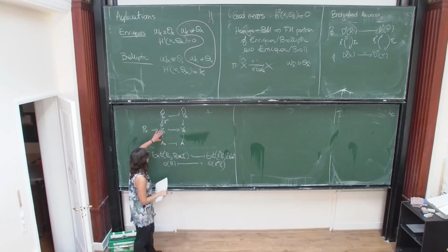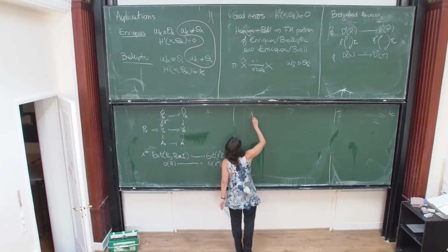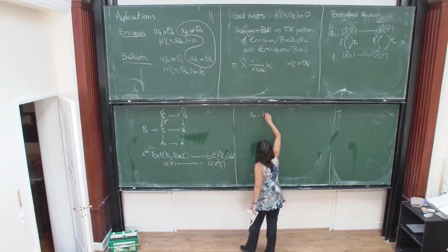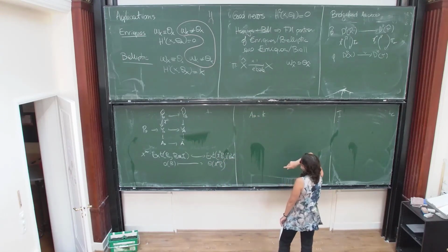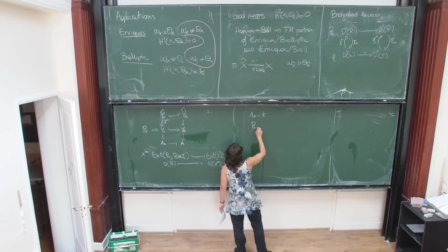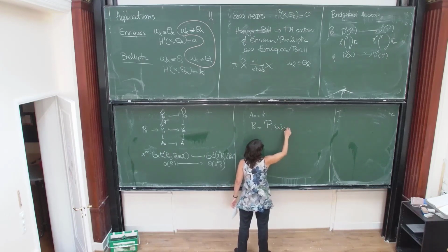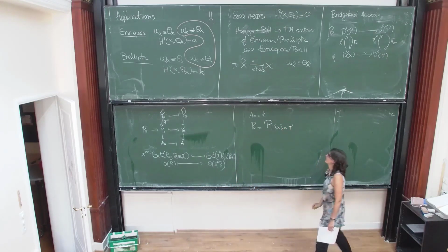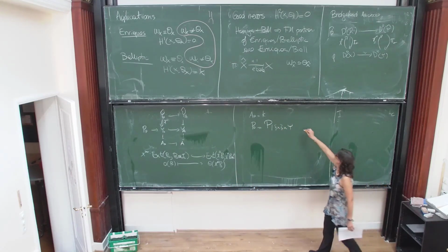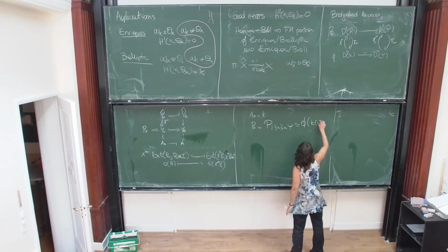Let's look at A0 equal K, with which everything works. What happens with A0 equal K? P0 is the kernel of the equivalence times Y, which is exactly the image of a skyscraper sheaf.